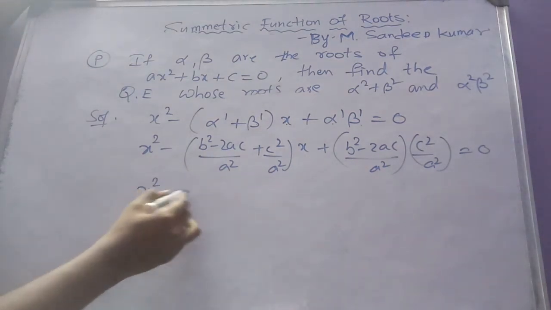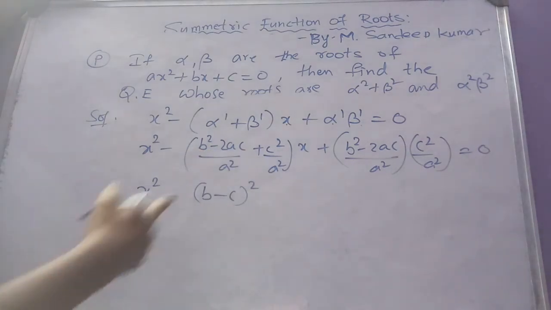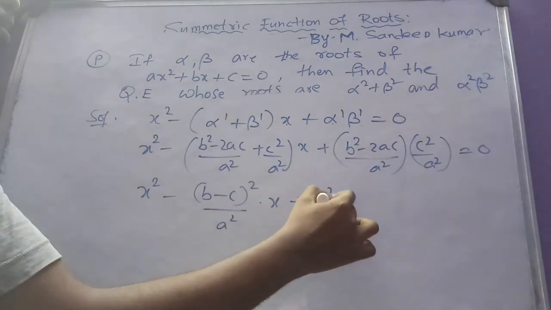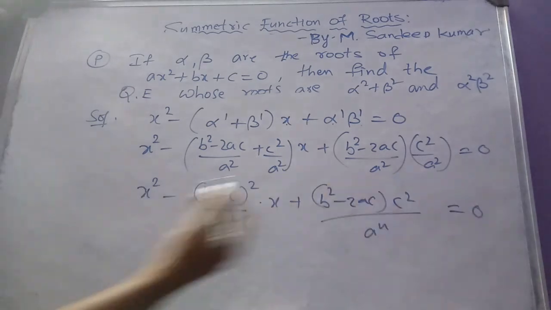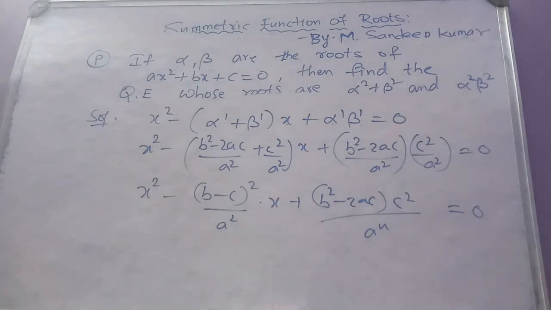So x square as it is, this is b minus c whole square, correct? And the denominator is common denominator a square into x, and this is b square minus 2ac into c square by a power 4. You can leave the answer like this, or you can take a common denominator of a power 4.